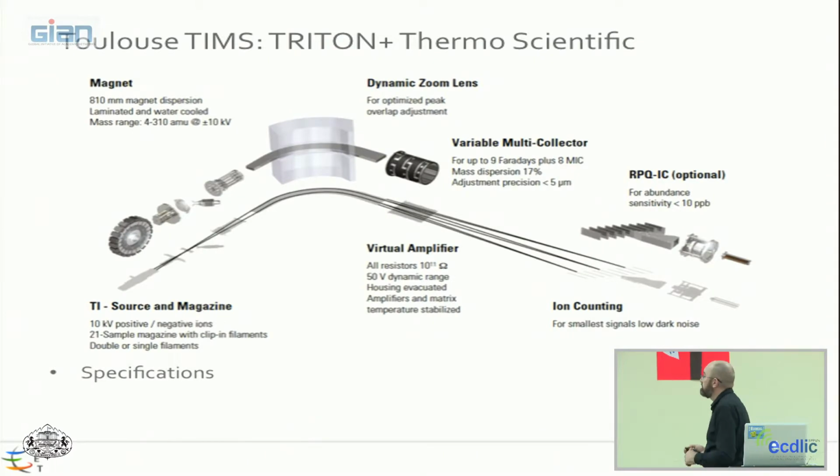So this is the schematics of the Triton. As I told you, the turret here, what we call the source, is where you have the electric field. It's 10,000 volts, minus 10,000 volts, to have a sufficient speed so that you can deviate the ions.